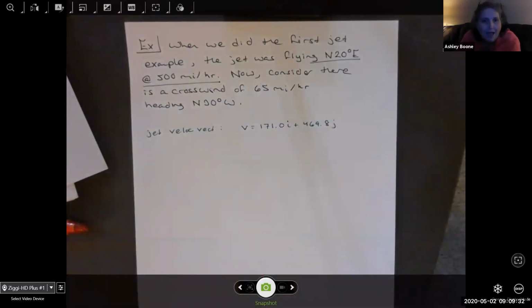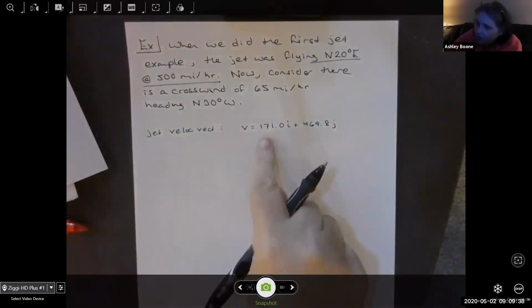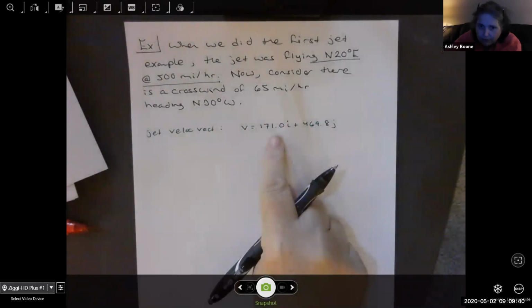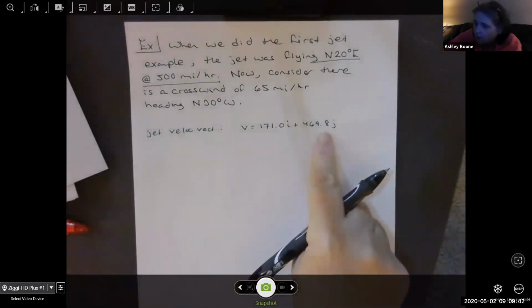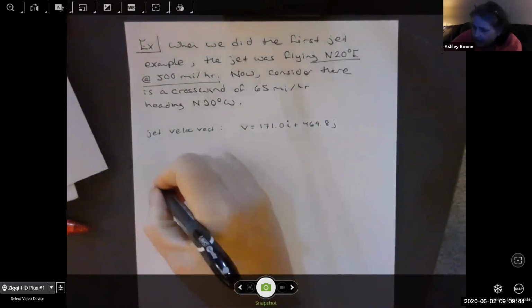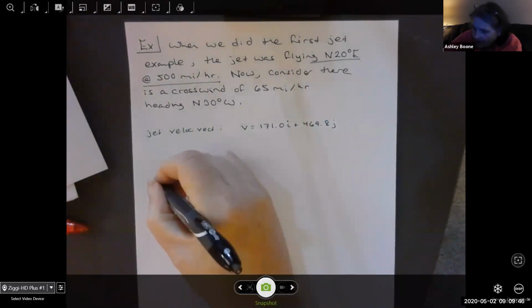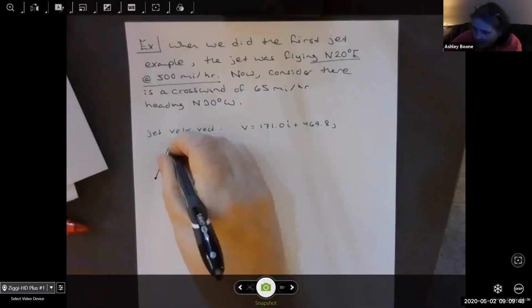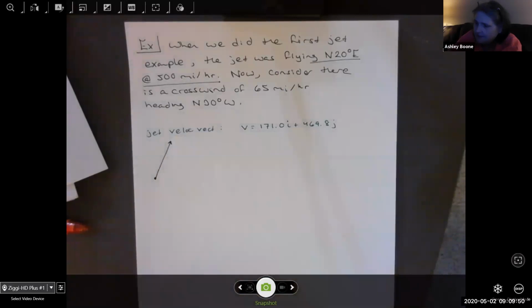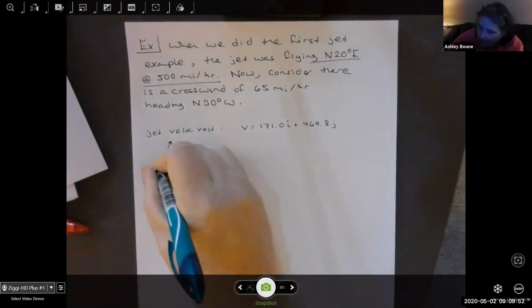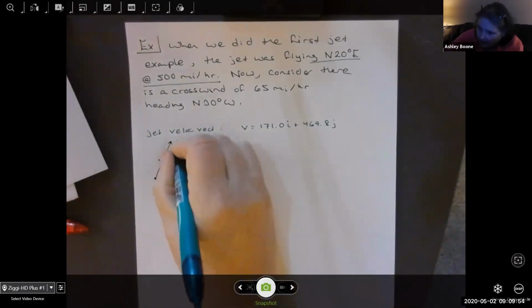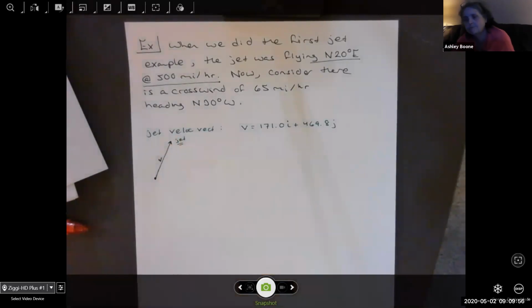Again, you do not have to have a sketch here, but just look at what's going on. Horizontal component is positive, vertical component is positive. We were going northeast. So the jet from wherever it starts is going northeast at about 20 degrees. That is our velocity vector for the jet. So that's our jet's direction.